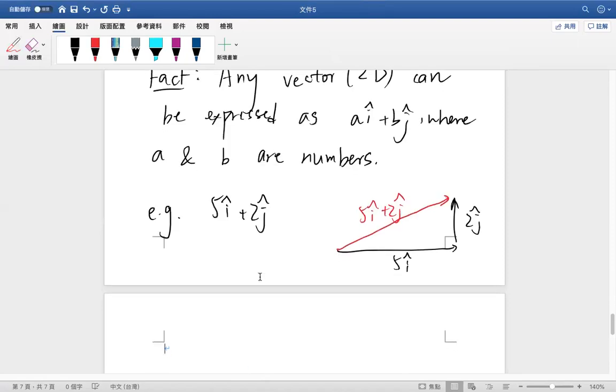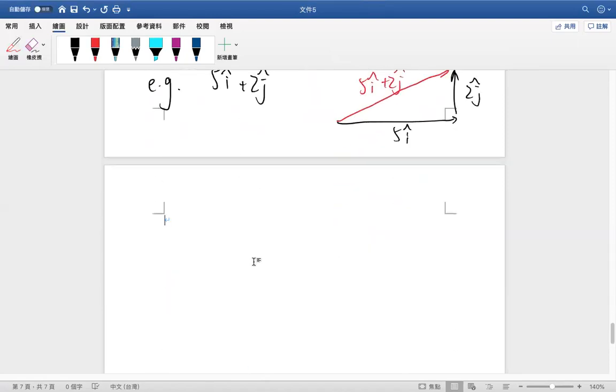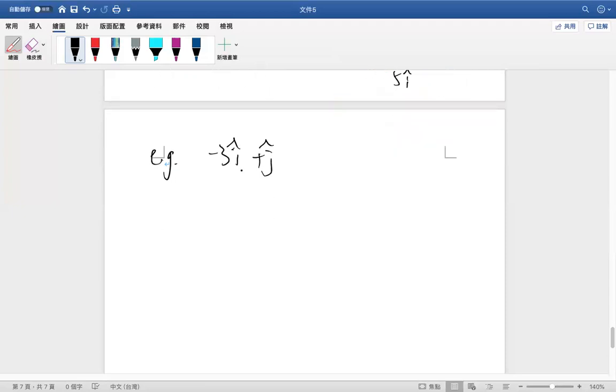Let's try to sketch negative 3i plus j. So for this one, first of all, let's look at what negative 3i is.